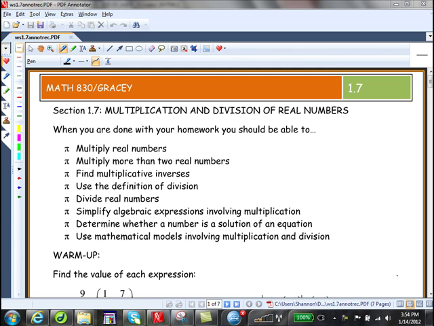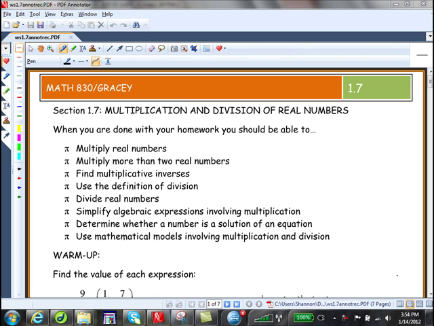This is Shannon Gracie from Maricosta College, and today we'll be discussing multiplication and division of real numbers. This is the seventh section from Chapter 1 in the Blitzer Beginning and Intermediate Algebra combo book. So here we go.